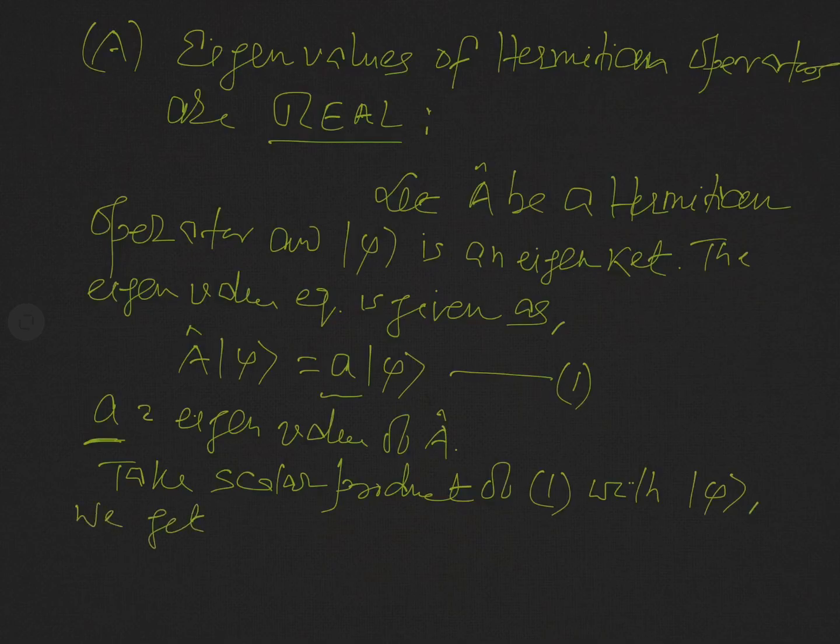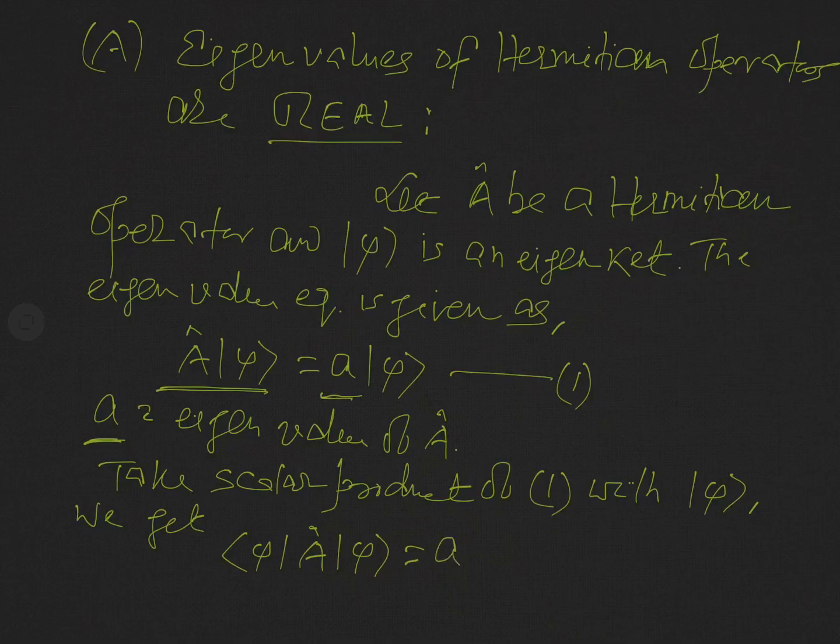We get what we will get. We will get that, see here, if we take a scalar product of this with Ket phi, the result will be <phi| A hat |phi>, and as a is a number, complex number, it will be outside of the scalar product.